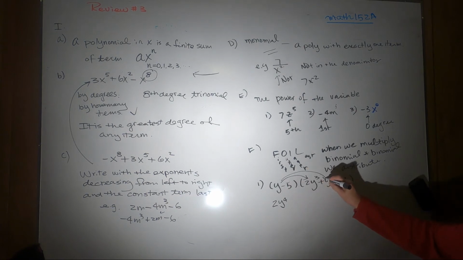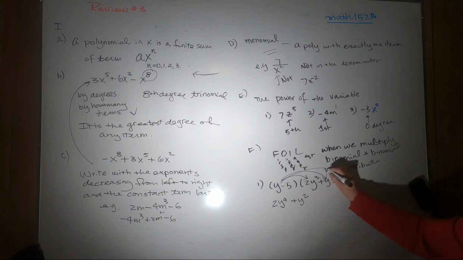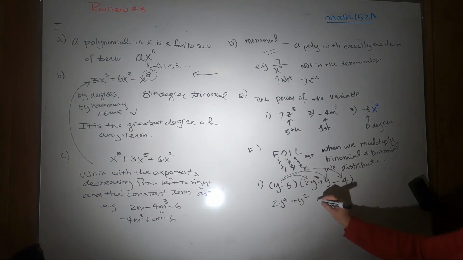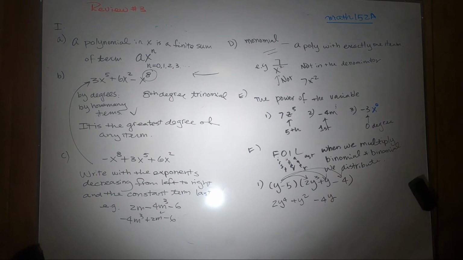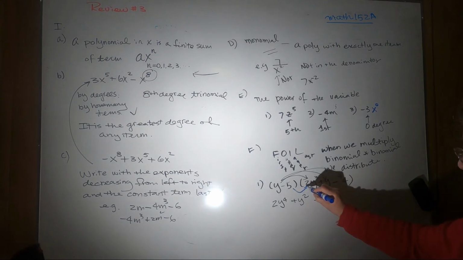And next one, y times y would be y squared. Next one, y times 4 would be 4y, right? Then you follow the next term for the first group. So you follow it sequentially so you don't mess them up.